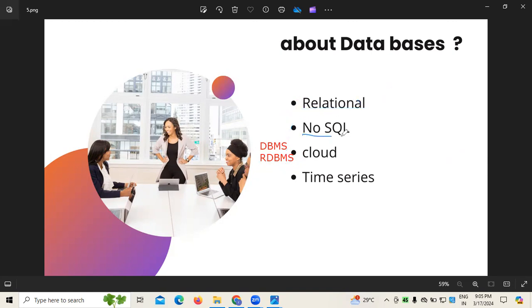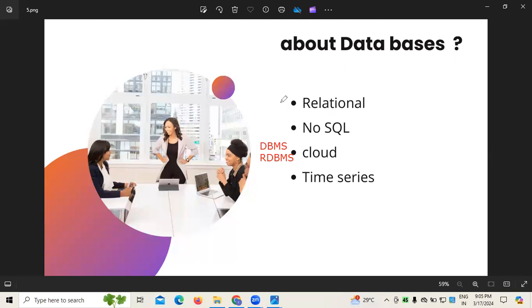Of course, there are different databases like NoSQL, cloud-related, time series. For example, MongoDB is one of the prominent databases we are using, which has a cloud version. These are all different databases which normally we use when working on a project.